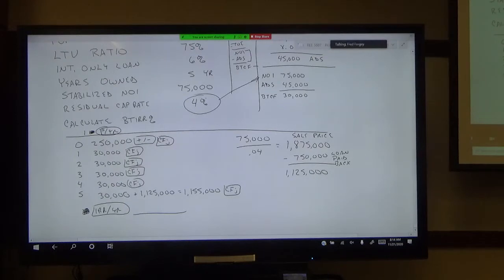So let's do that, see what we get. Okay, 42.5%.